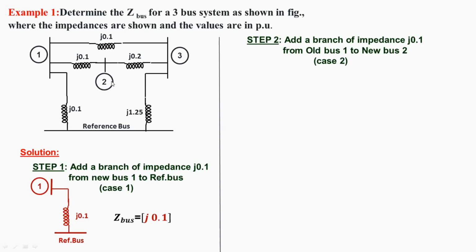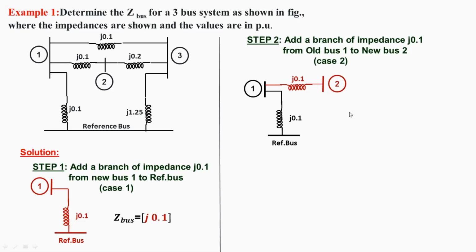Bus number 2 is now introduced in step number 2, so it is the new bus. Draw the equivalent circuit for this step. Here the impedance j0.1 is connected between old bus 1 and new bus 2. This comes under case number 2.